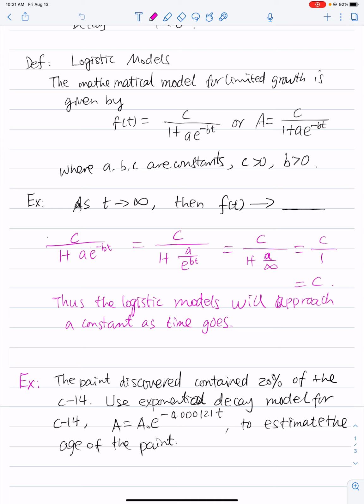So when t goes to infinity, what will f(t) approach? It's c over 1 plus a e to the negative bt. Negative exponent means 1 over, so it's a over e to the bt.